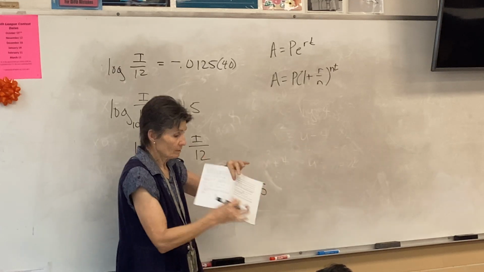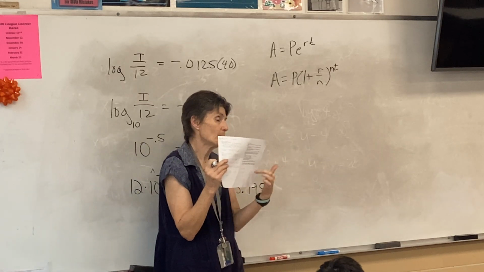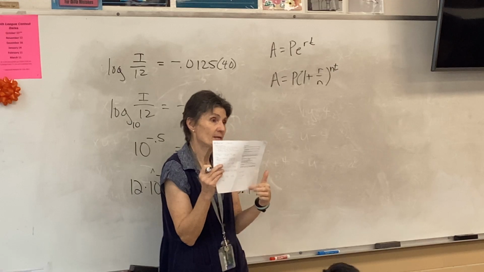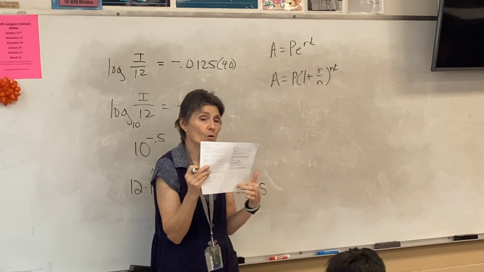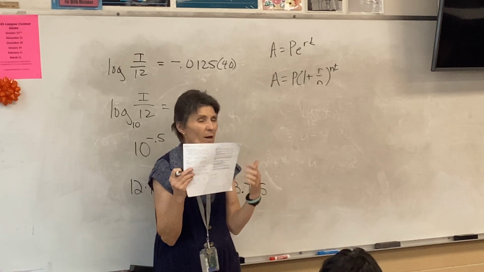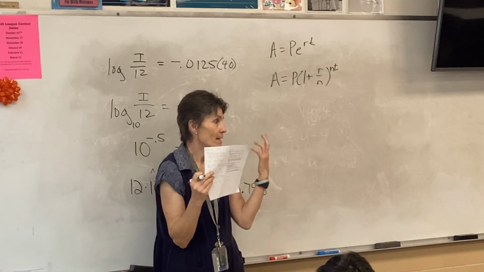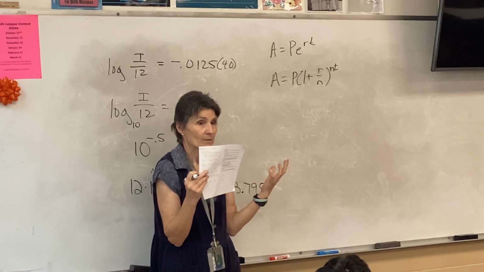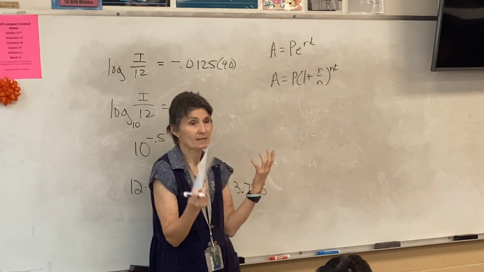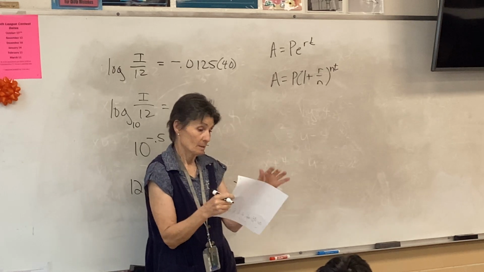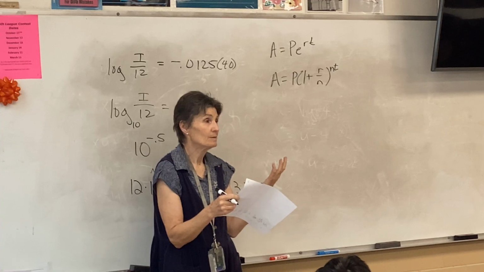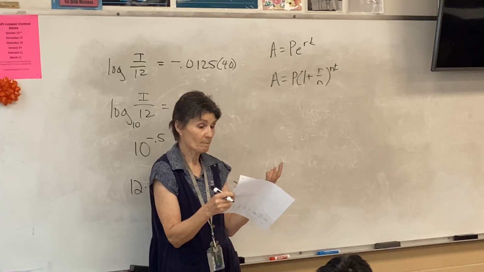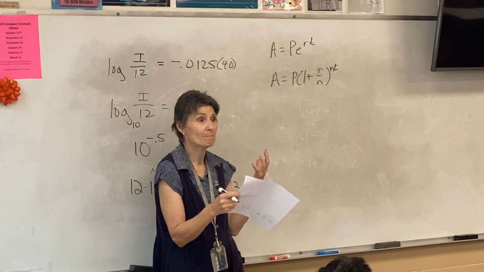So remember, the two on the paper here, FV and PV, are only used when what's happening? Making payments, right? Making payments. Am I making payments in problem C? No. So which am I gonna do? Compounded monthly.